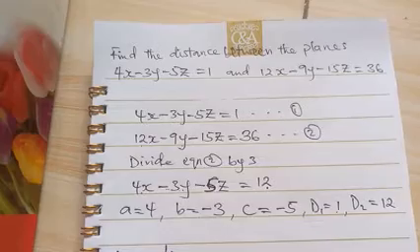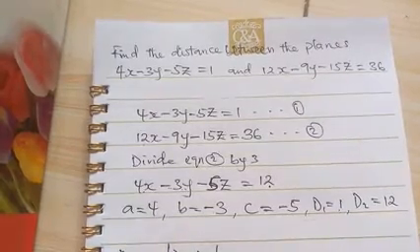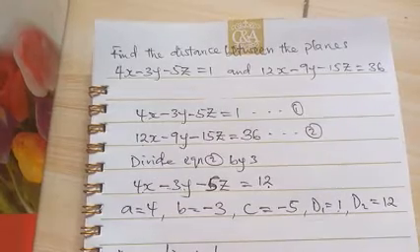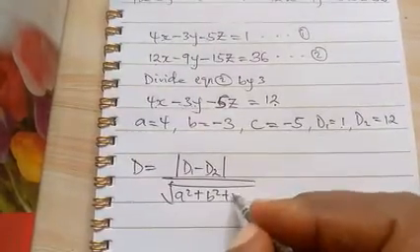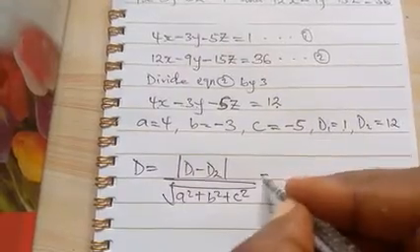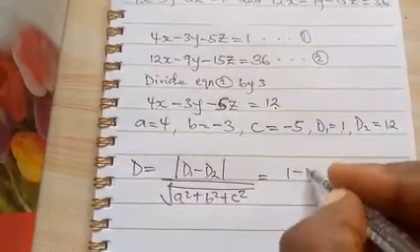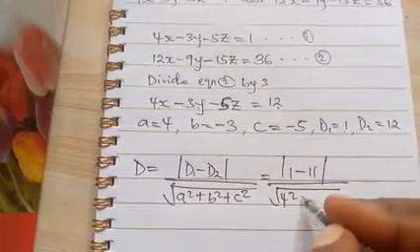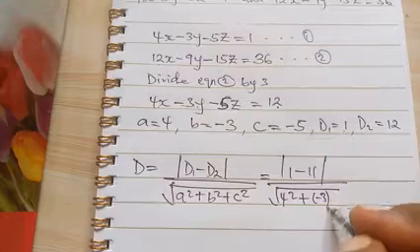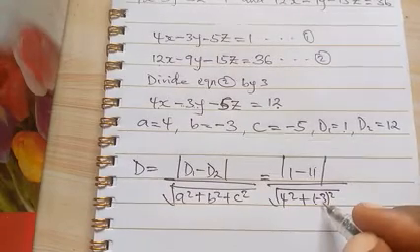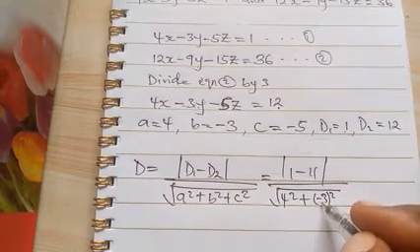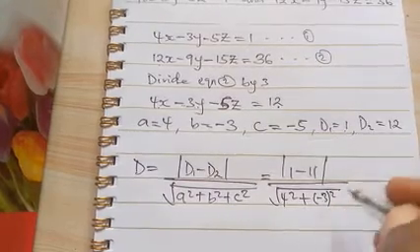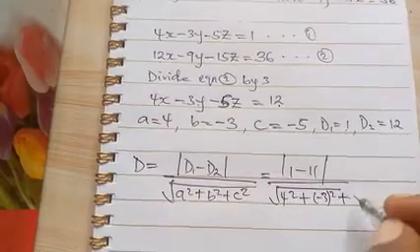It doesn't matter which one you put in front, you are neglecting the minus sign. A squared plus b squared plus c squared. So if we fix the values, we have 1 minus 12 over the square root of 4 squared plus minus 3 squared. The minus really is not necessary, because even when you square a negative number, you get a positive value, but so that it will still be clear, plus minus 5 squared.